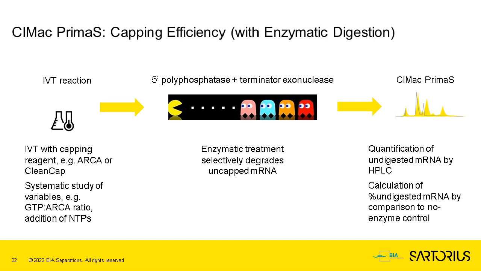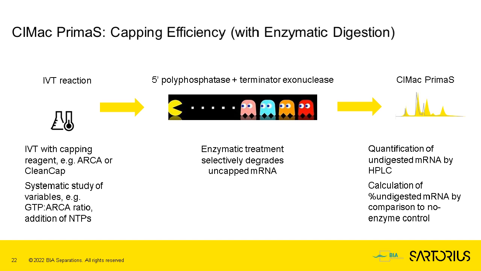We are developing, this is ongoing development, methods that are based just on enzymatic digestion coupled with LC UV-based quantification of mRNA, based on a very simple concept that's been published before us: digesting the mRNA with polyphosphatase followed by a terminator exonuclease digests any uncapped mRNA.